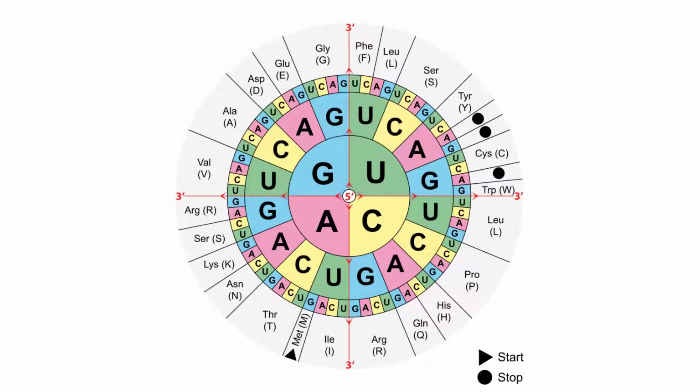In our system, we know that those three, TGA, TAA, and TAG, are stop codons, and ATG or AUG is the initiating codon that tells us we're going to start translation here. We're going to start making proteins here. Questions on that?